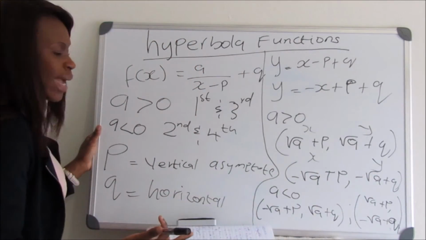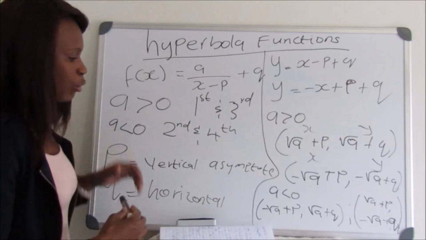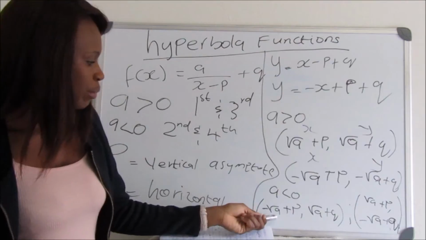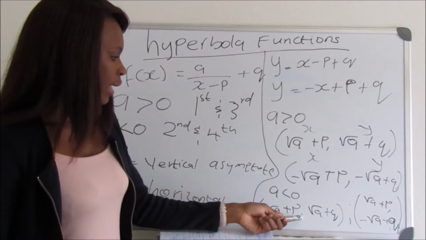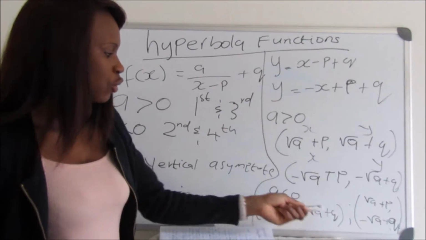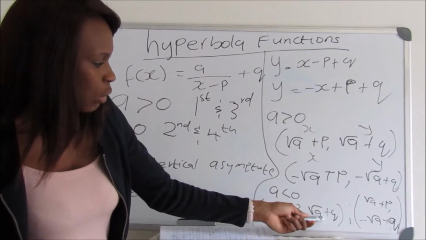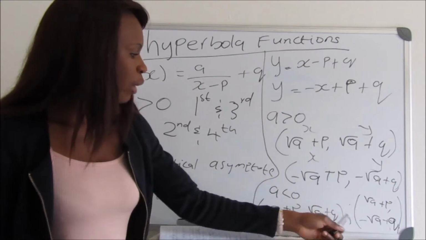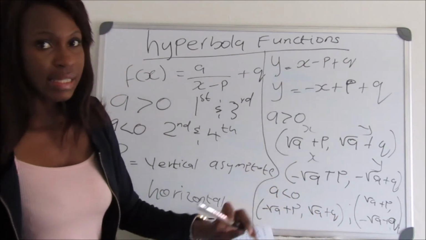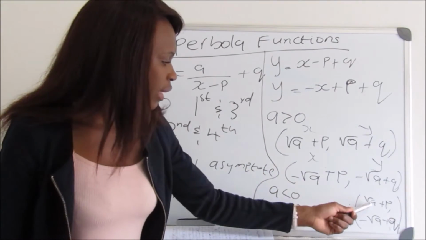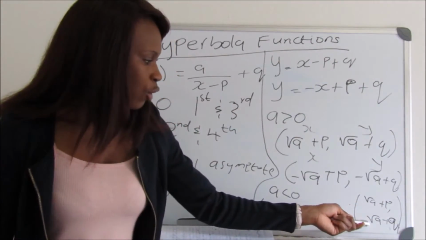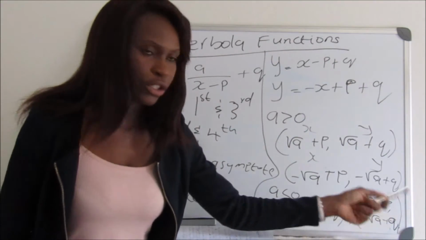If our a is less than 0, the coordinates will be negative root a plus p for x and root a plus q for y. Again we have two points, so the second one will be root a plus p, and our y coordinate will be negative root a plus q.